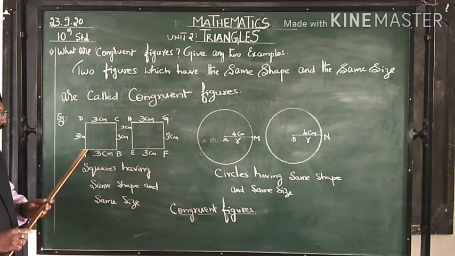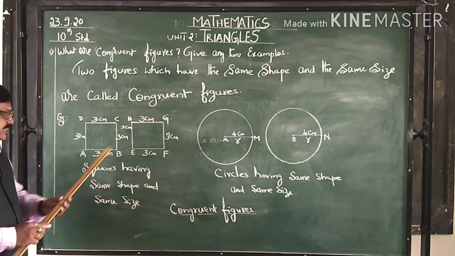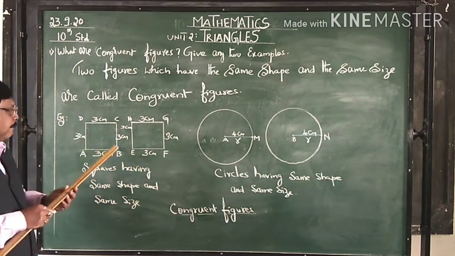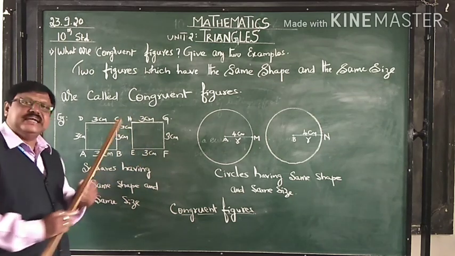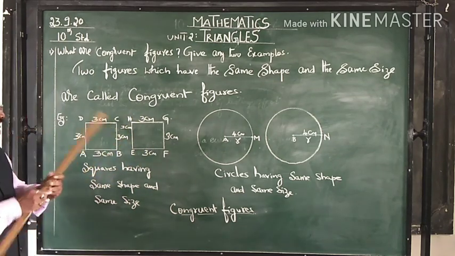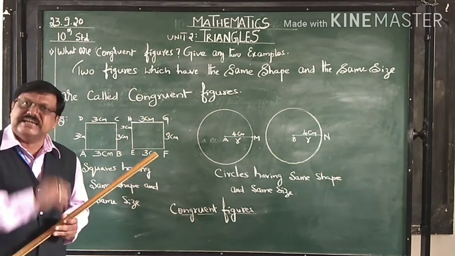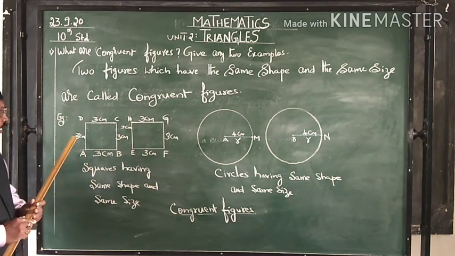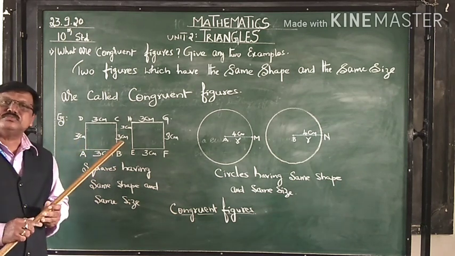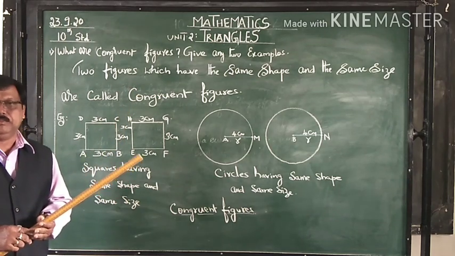You see, AB is equal to EF, 3 centimeters. BC is equal to FG, 3 centimeters. CD is equal to GH, 3 centimeters. DA, HE, 3 centimeters. All corresponding sides are equal.